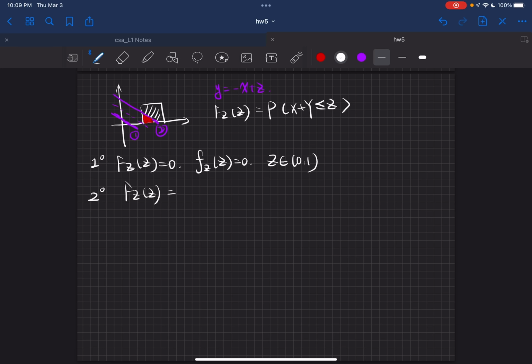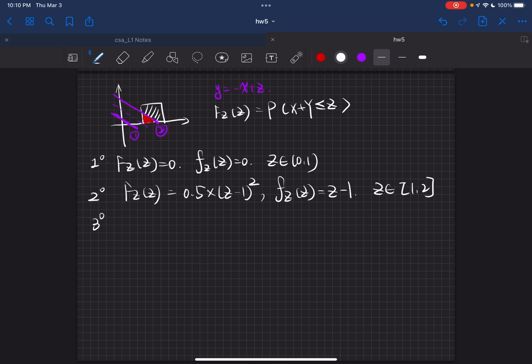It is equal to 0.5 times (z minus 1) to the power of 2, and taking the derivative, we get our density function of Fz equal to z minus 1. This is for z from 1 to 2.